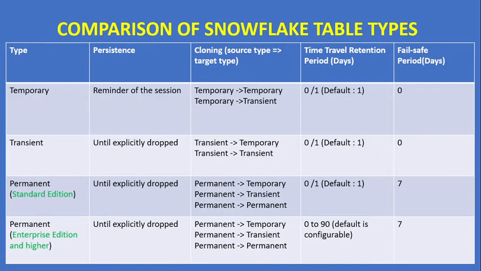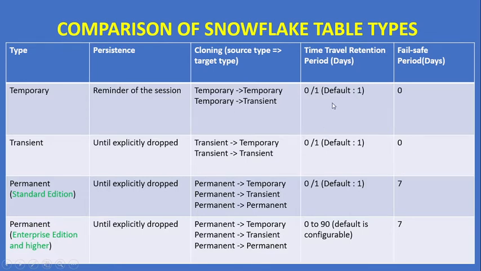Now if you see here, for the temporary table, persistence is the remainder of the session. That means the moment you close your session, this table will also drop automatically. Cloning: you can clone a temporary table to temporary, and also temporary to transient.